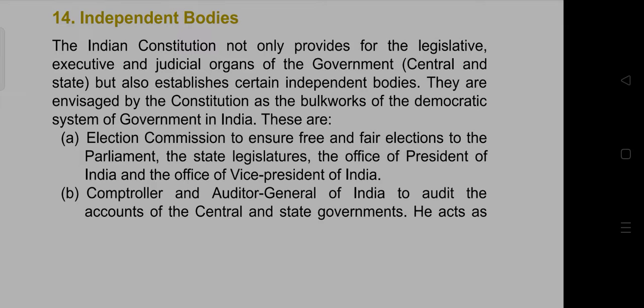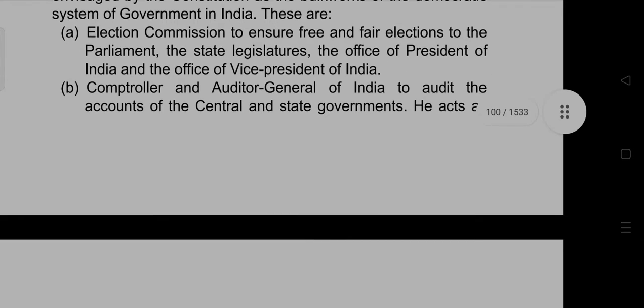These are: A. The Election Commission, to ensure free and fair elections to the Parliament, the state legislatures, the office of President of India, and the office of Vice President of India. B. The Comptroller and Auditor General of India, to audit the accounts of the central and state governments.